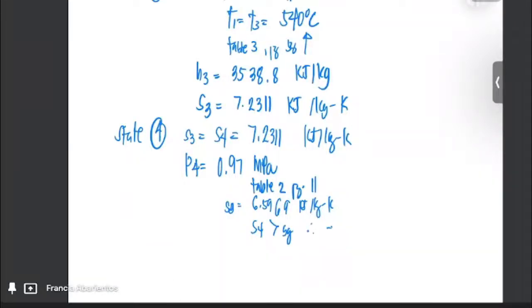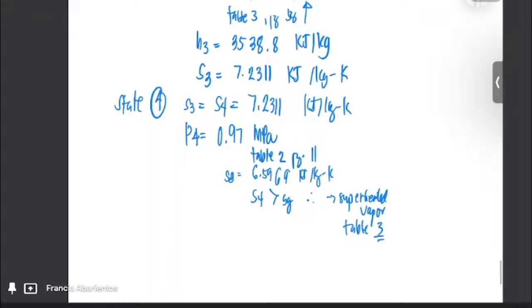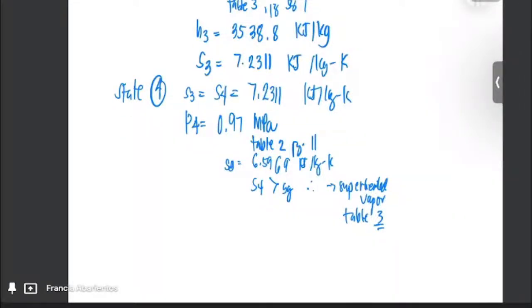Pupunta ulit tayo sa superheated. Then it falls under the category of superheated vapor, wherein we will find it at table 3. Okay, balik ulit tayo sa table 3 but with the pressure of 0.97. Pupunta tayo doon, 0.97. Anong page? 0.97. Double interpolate ba tayo? Yeah, double interpolation. This is wonderful.